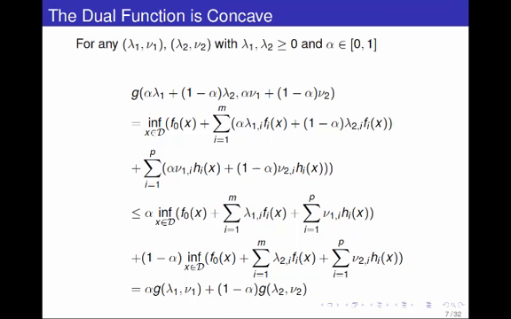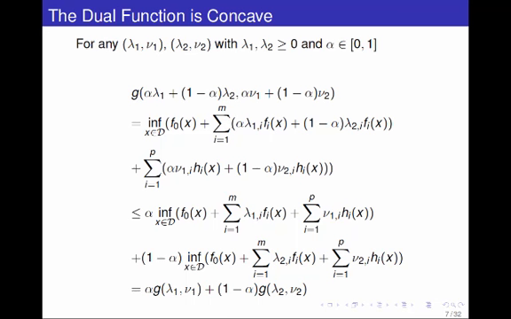So phi of the weighted average is in fact this value over here. And this value over here is alpha phi of lambda 1 plus 1 minus alpha phi of lambda 2. So this is the definition of concavity, right? We're familiar with this. How to show this for the dual function based on how we've constructed it.